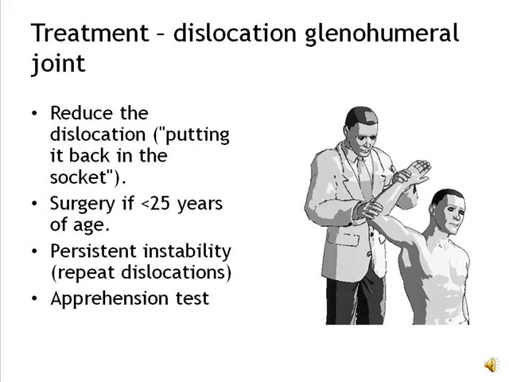So the initial treatment of a shoulder dislocation involves reducing the dislocation, kind of putting it back in the socket. This usually involves treatment in the emergency room. The patient is given some mild sedation and pain medicine, usually through an intravenous line.